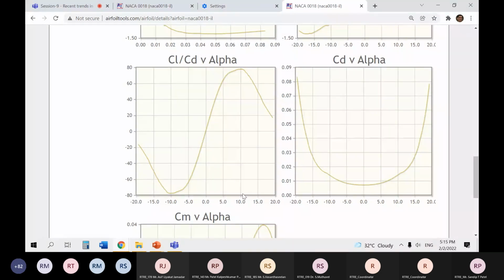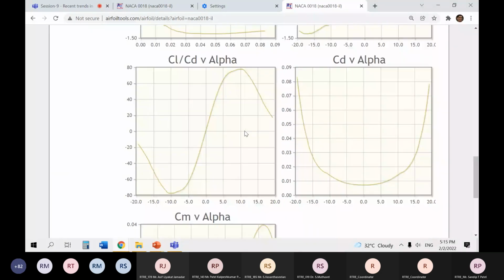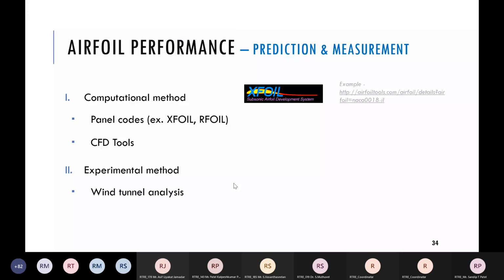Okay, so these graphs, CL versus CD, CL versus alpha, CL by CD versus alpha, CD versus alpha, and CM versus alpha, all these 5 graphs are called airfoil polars. Fine, they are better known as airfoil polars. If you have airfoil polar data, you have the whole aerodynamic performance of a particular airfoil.